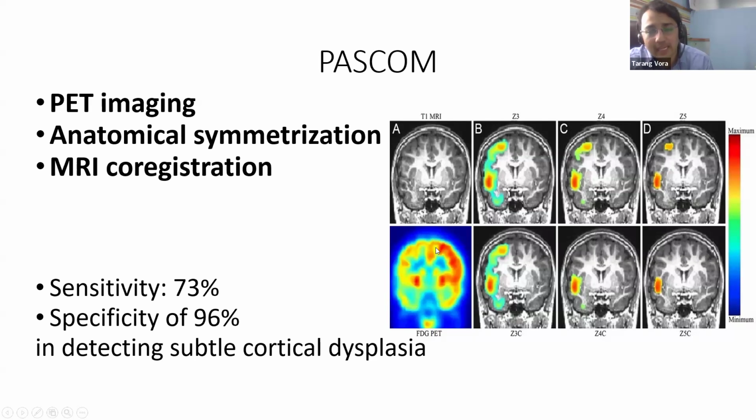We register the same on the MRI of the patient, and we compare the hypometabolism pattern of one hemisphere with the contralateral hemisphere to see whether there is any particular area of hypometabolism. Instead of having a database of normal patients, like the previous texture analysis, which was based on an average of 100 patients who are normal and do not have seizures, this is based on the contralateral hemisphere.